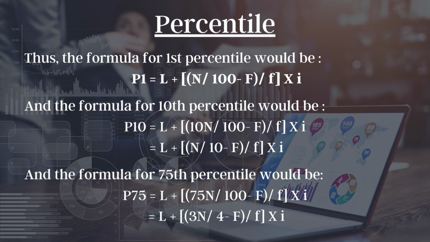Similarly, we also have deciles, from D1 to D10. D1 is the 10% of the cases, D20 is the 20% cases, D30 will be 30%. So that is decile. It is a group of 10-10, and on the basis of this we can calculate the percentile.